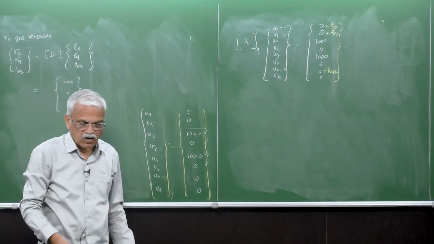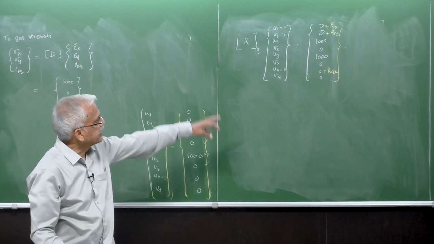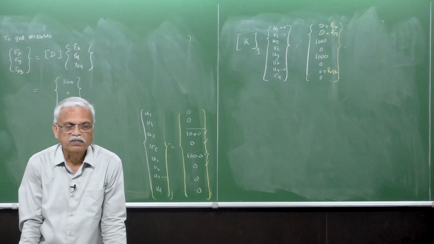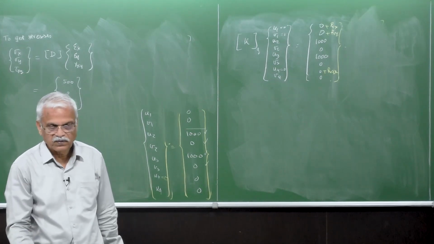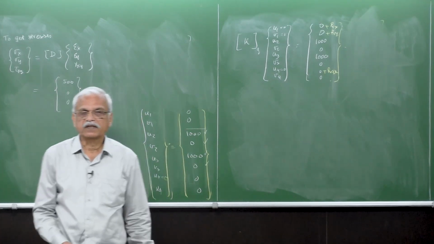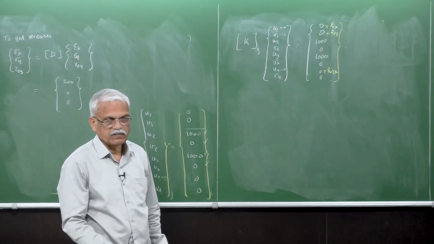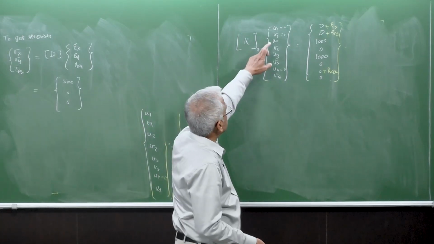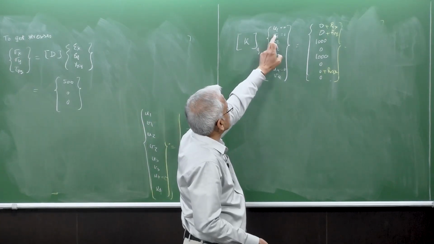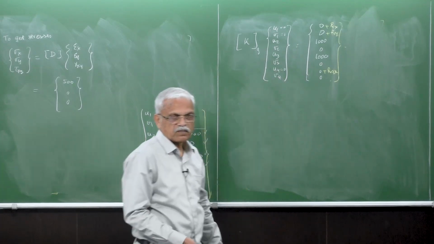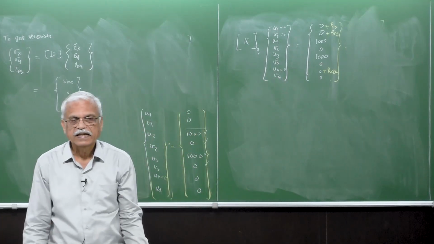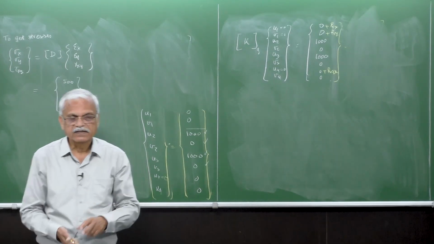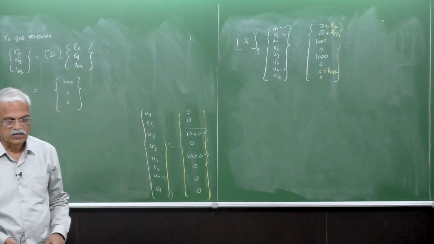On the other hand, we also argued from the minimum potential energy point of view that the minimization or the variation can be done with respect to only these 5 displacements, not with respect to U1, V1, U4, because they are given, kinematically constrained values. We cannot change the variation in that, and so we cannot use them.